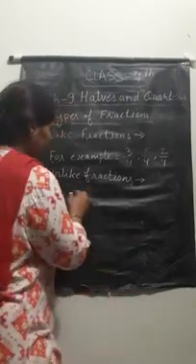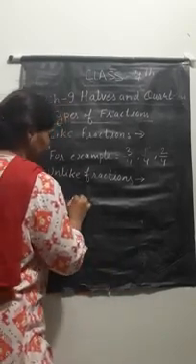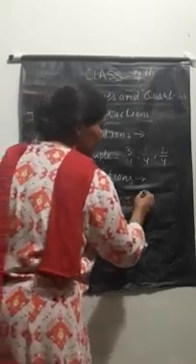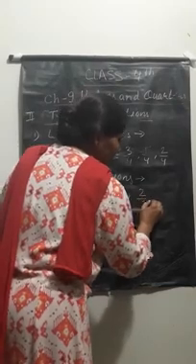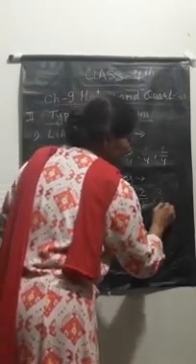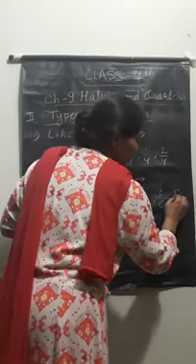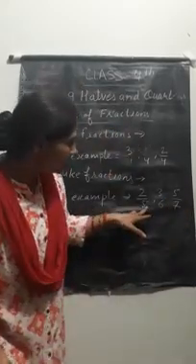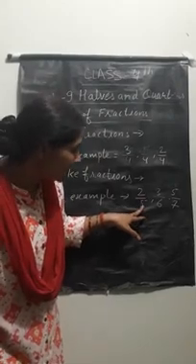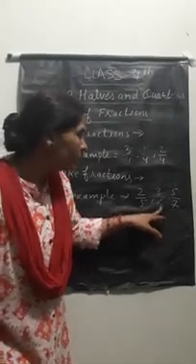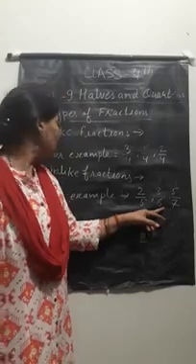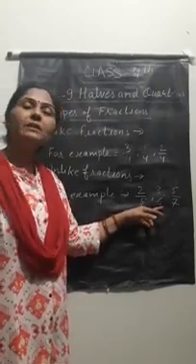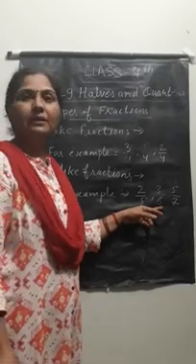For example, 2/5, 3/6, 5/7 and so on. Here we can see the denominators are 5, 6, 7. All are different. So these are called unlike fractions. Fractions having different denominators are called unlike fractions.